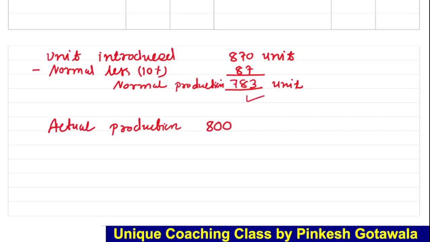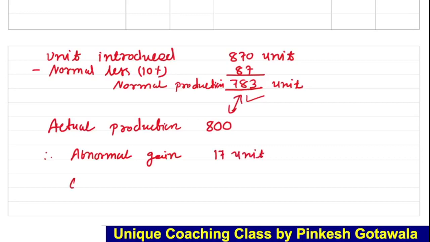We got more production than normal. So here it is an abnormal gain. We have a benefit, a profit. Here this is an abnormal gain because 783 is the normal production, but we get 800. What is the difference between them? 783 and 800? 17 units.